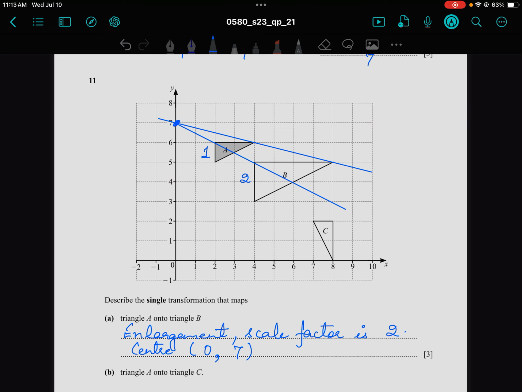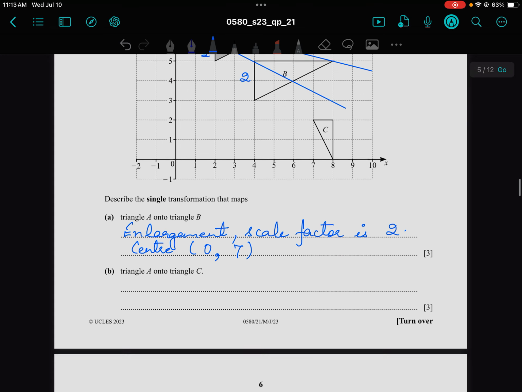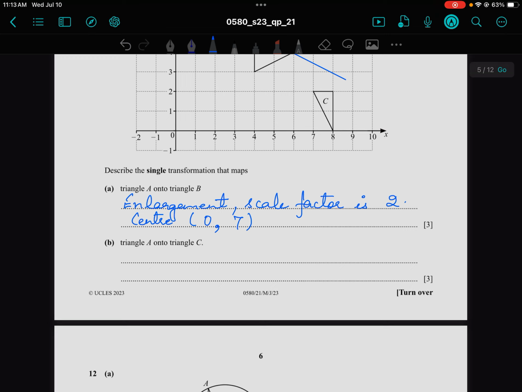So I can write here, B part, it is rotation. How much rotation? 90° rotation and clockwise rotation.